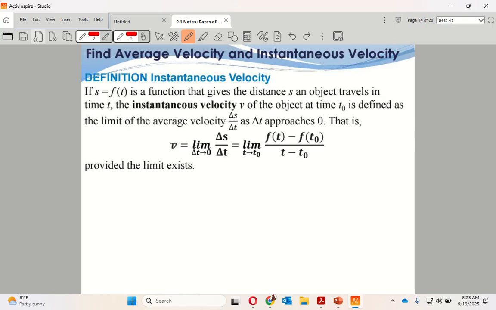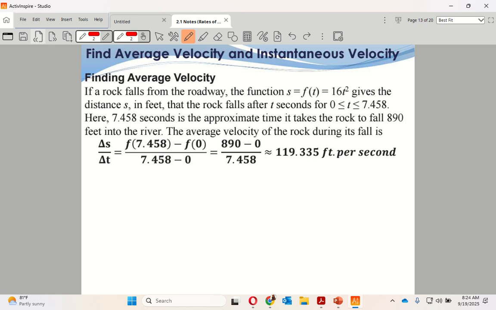We had an equation. s is my position function, f of t, that's the function notation. 16t squared gives the distance s. It takes about 890 feet to fall into the river.